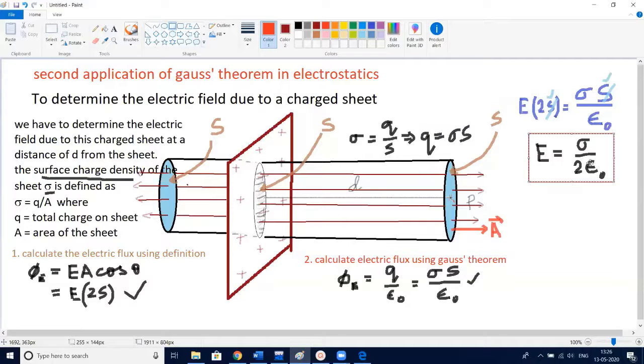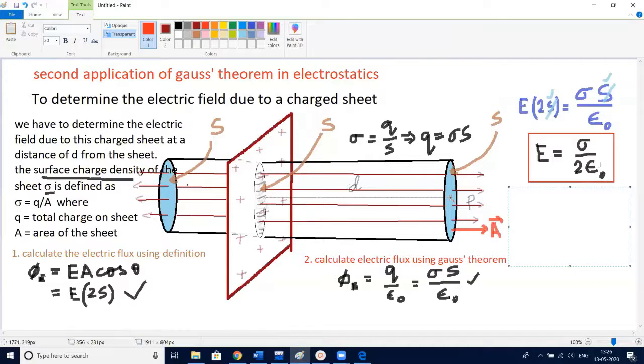Now, one important thing to be noted is that the electric field due to a charged sheet does not depend upon the distance. So d is not here. So this electric field does not depend upon the distance from the sheet. Now this is not always true.